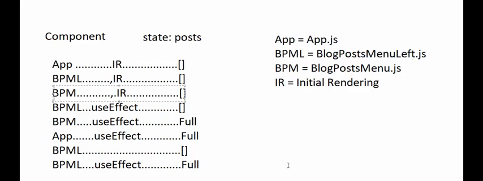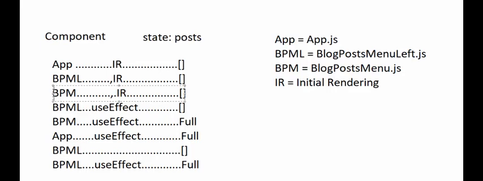The initial rendering goes from app and shows the app state is empty, a console log of an empty array. That initial value goes further to the child BPML, which starts its initial rendering.